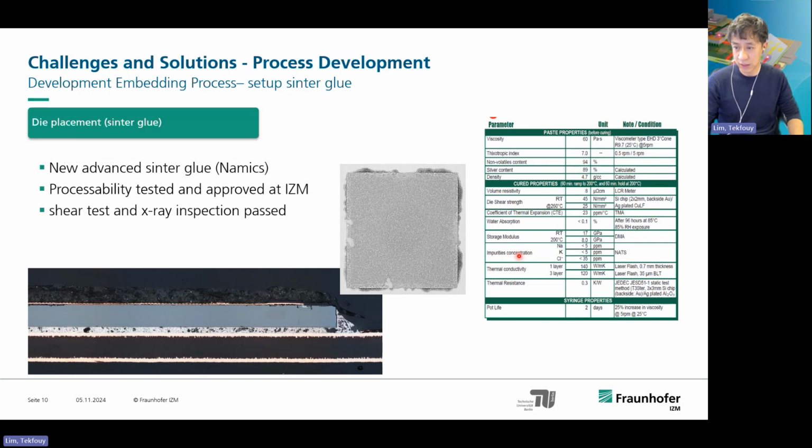We tested different sinter glues, but this one from Namix had really good performance, also on thermal conductivity. When we did the shear test, and also the X-ray inspection, we didn't observe any problem, also on the flatness of the IC afterwards.